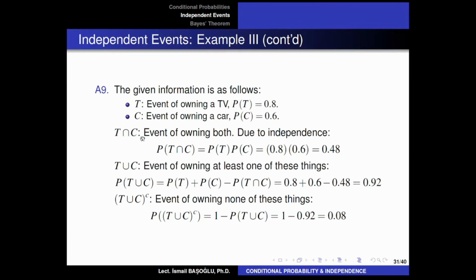Therefore, T intersection C, which is the event of owning both of these objects, the probability of this intersection event can be expressed as probability of T times probability of C.